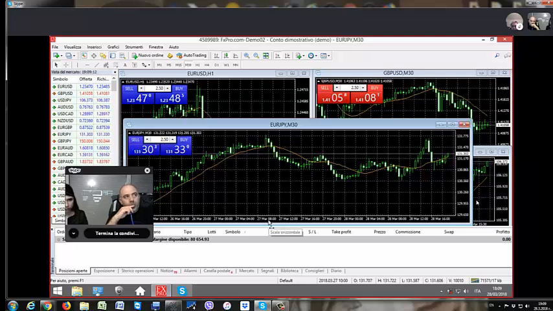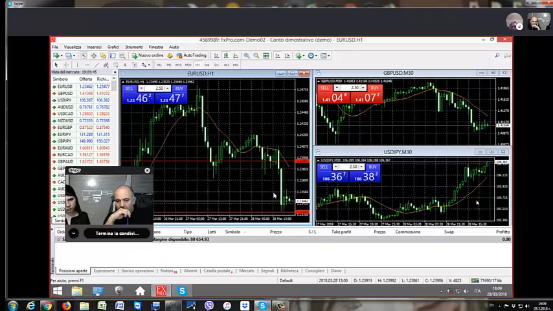So if I am a bank and I have to buy euro yen, I buy euro dollar, so I am plus euro minus dollar, and I buy dollar yen. This is the reason what is moving the market up on dollar yen, because dollar is not involved at the time.